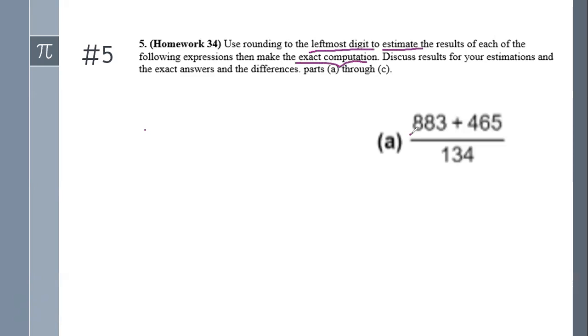Looking at the leftmost digit of 883, you look to the one behind it. If it's 5 or greater, we round it up. Looks like it's an 8, so yes. That's going to give us 900. Plus 4, looking behind is a 6. That's going to make us round up to 500.